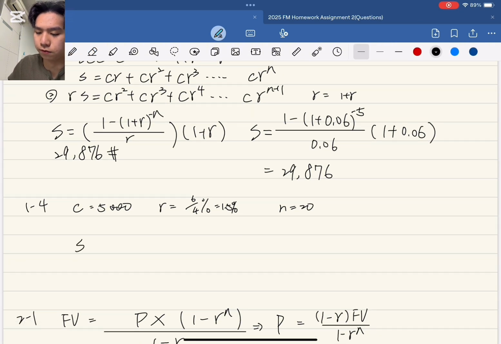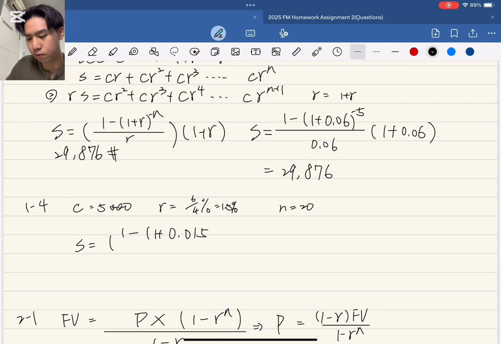Summation of the 5 years of the money equals 1 minus 1 plus interest rate 1.5%, that is 0.015, raised to the power of minus 20, divided by 0.015, multiplied by 1 plus 0.015.